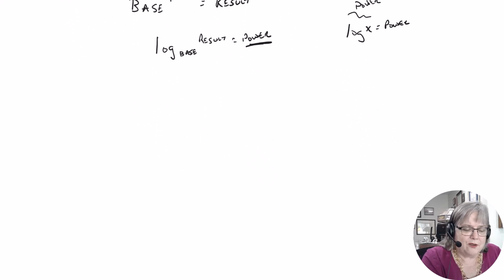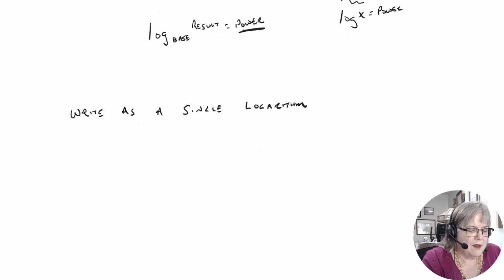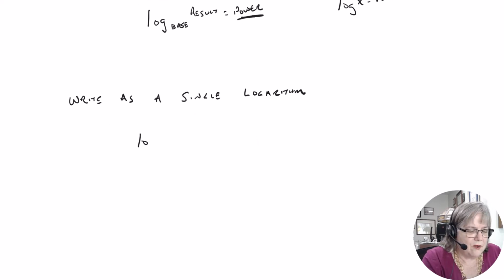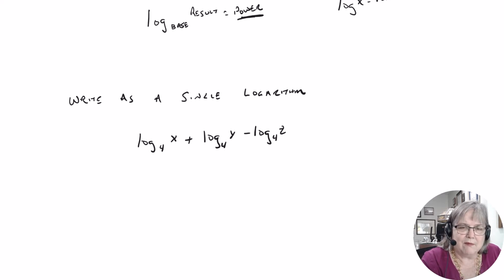So if I asked you to write as a single logarithm log base 4 of x plus log base 4 of y minus log base 4 of z. Now remember, they all have to be the same type of logarithm, the same base.